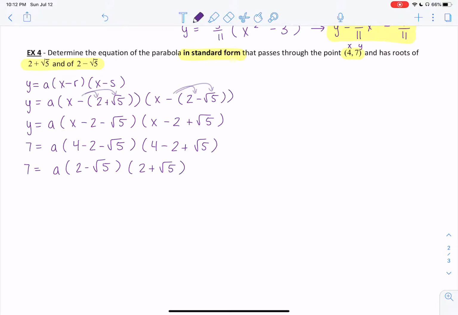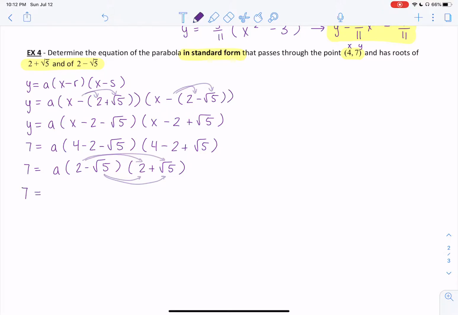Now, because we can't collect any more like terms in the brackets, we're going to have to use the distributive property again. So let's multiply everything out, to ideally get rid of these radicals we have.